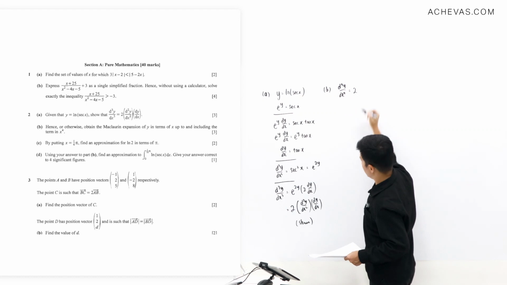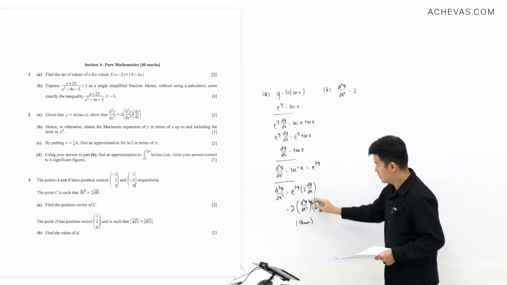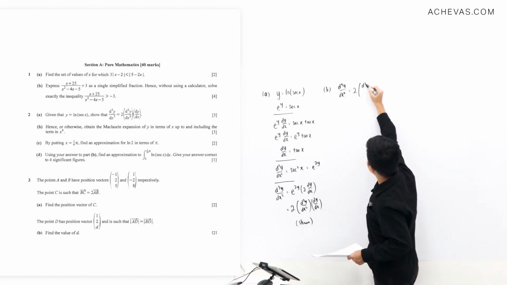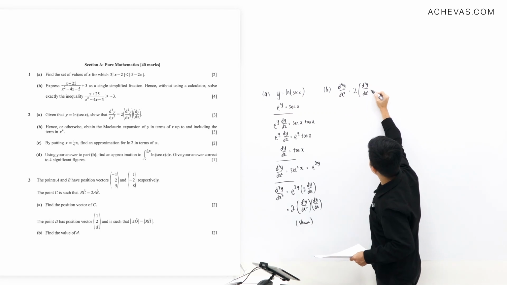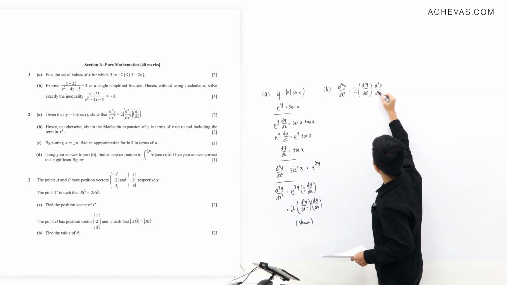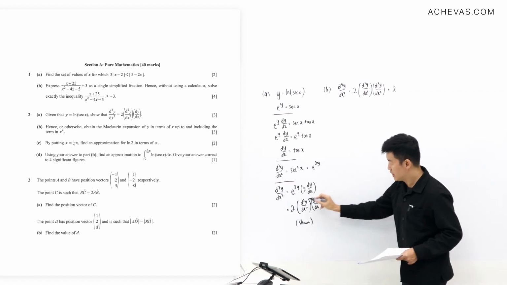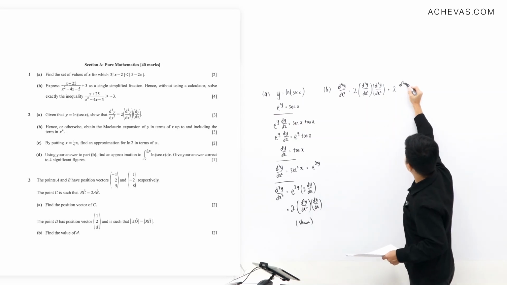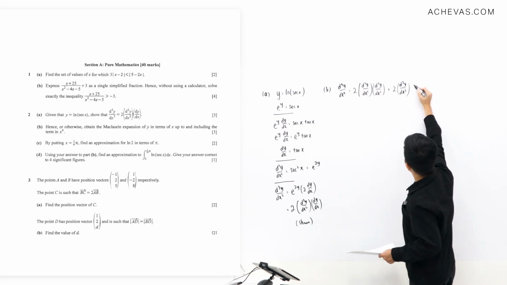On the right-hand side, I'm going to go for a product rule. I'll keep this as it is, so d squared y dx squared, and I'll differentiate this, which is going to be d squared y dx squared. Then I'm going to differentiate this, which is going to be d cubed y dx cubed. Then I'll keep this as it is, which is dy dx.